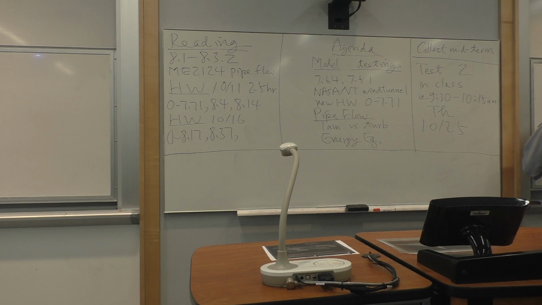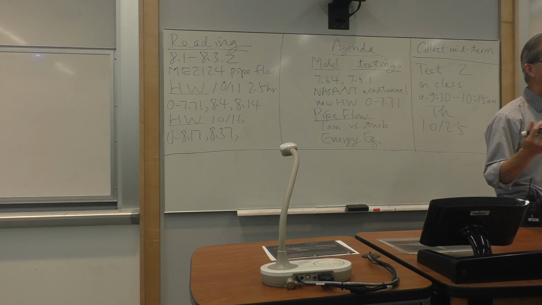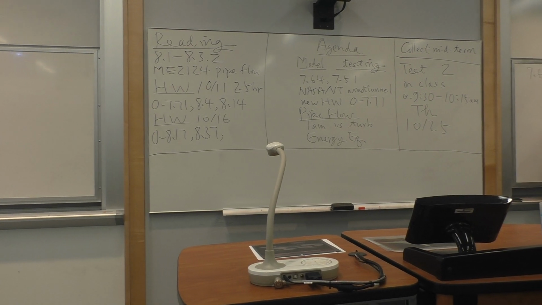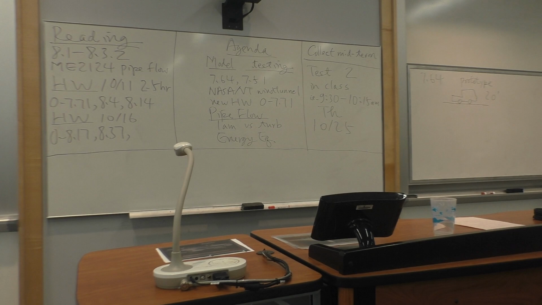So problem 7.64 is typically for people who work in the automobile industry, Ford, GM. They all have their own wind tunnel, in which they test sometimes a full-size automobile. But there are times they test a model. So the problem stated that you have a prototype, a full-size car, 20 feet in length.